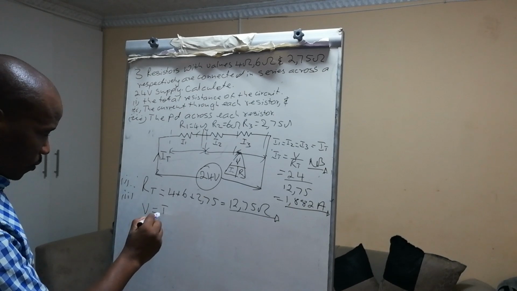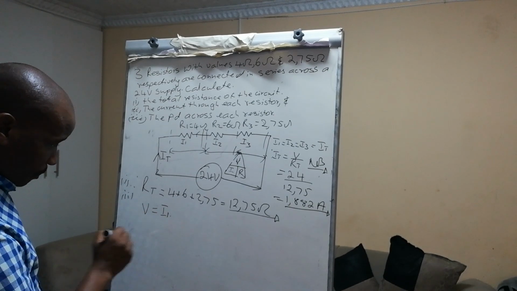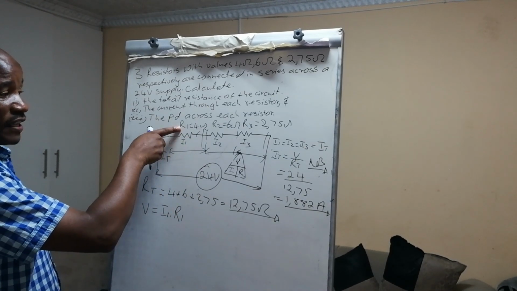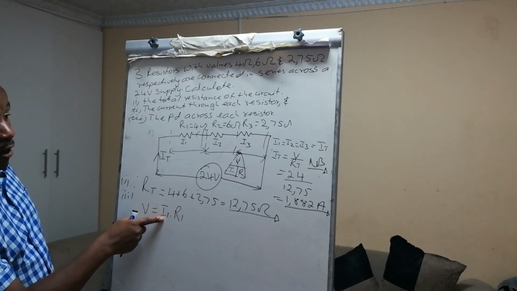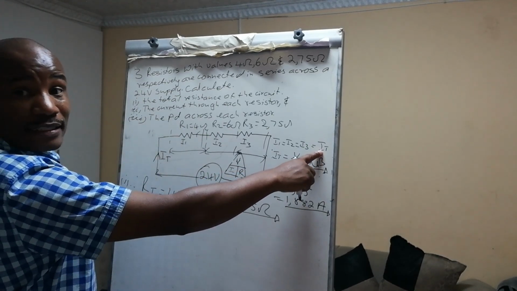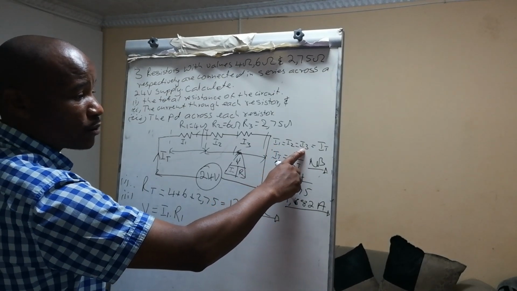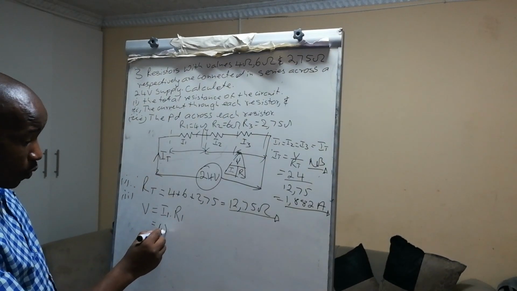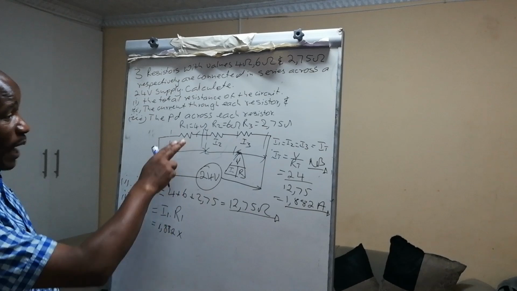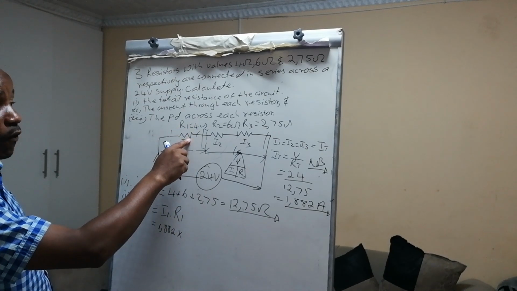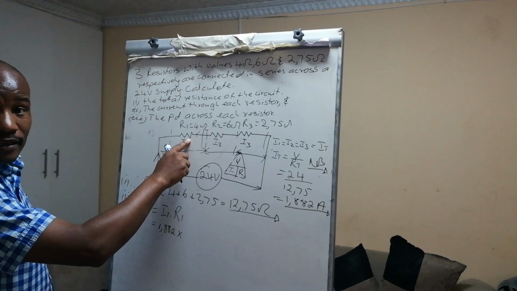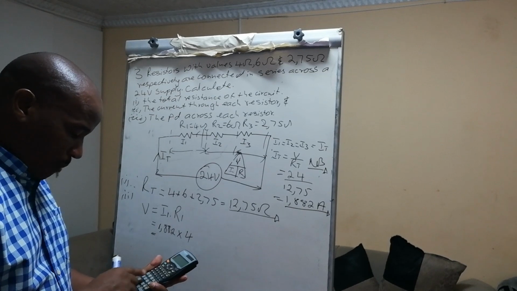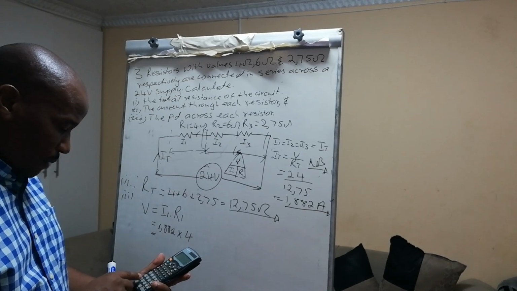V is equal to I1 multiplied by the resistance of the first resistor. But remember, I1 is the same as the total current: I1 is equal to I2, is equal to I3, is equal to the total current. So I1 is equal to 1.882, multiplied by the resistance of 4.